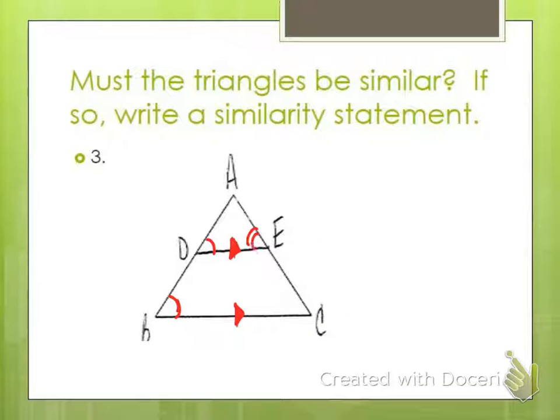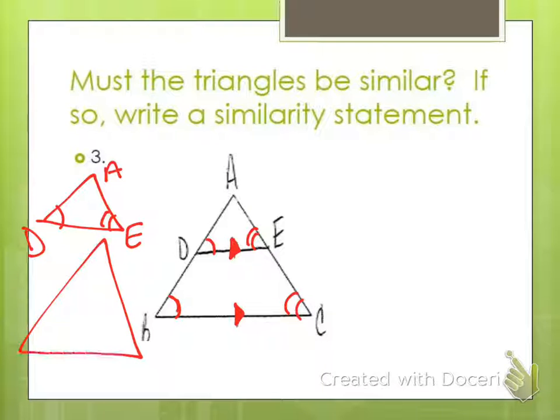So this angle here, AED, is congruent to angle ACB. Now if you need to, you can draw your two triangles separated from each other. ADE, and the bigger triangle was ABC. Okay, so I just drew them separated from each other.